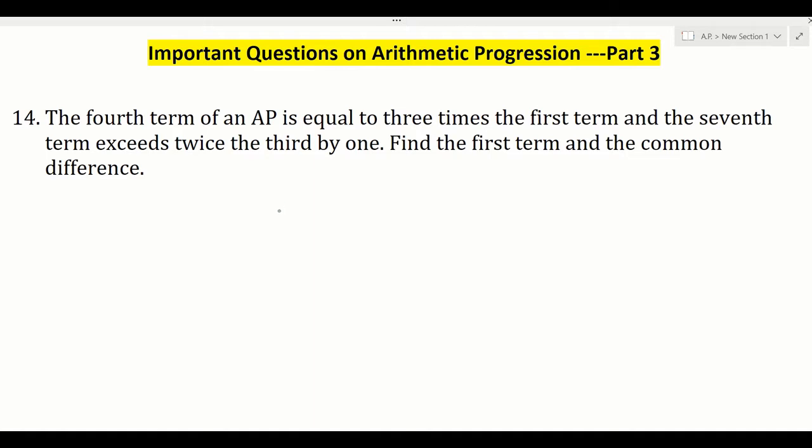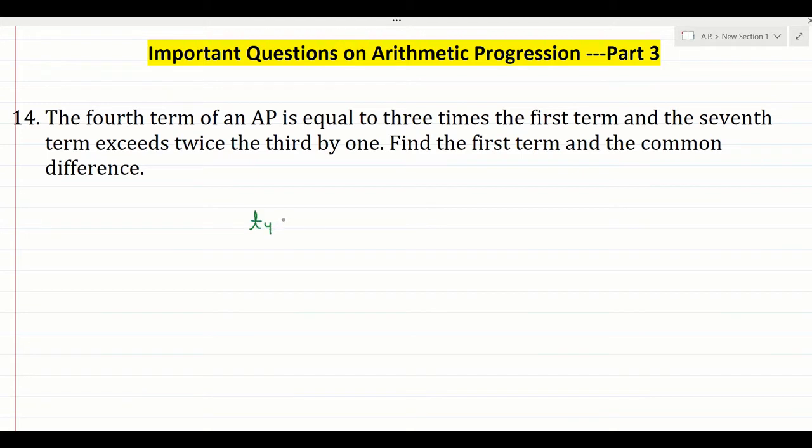After this, the question has said the fourth term, T4, is equal to 3 times the first term. First term is T1, isn't this? Or T4 is given by A plus (4 minus 1)D equal to 3 into the first term. First term means A. A itself is the first term.